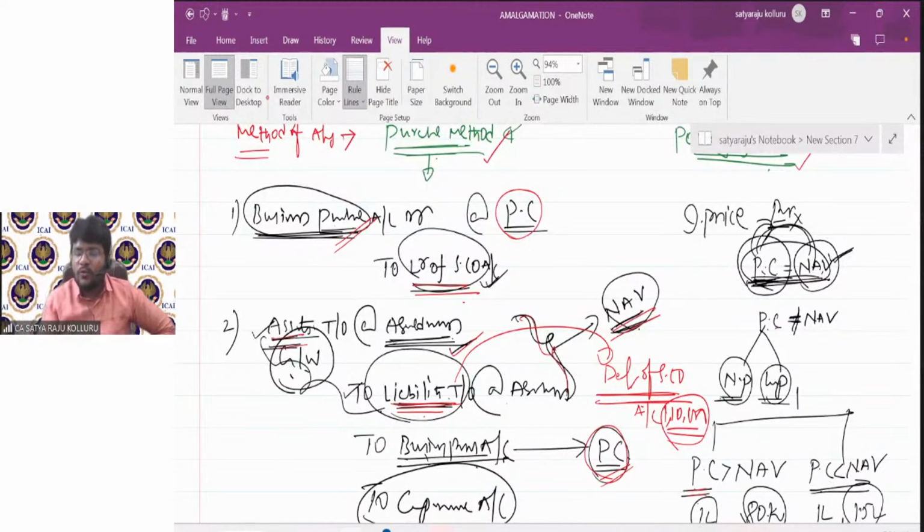Then for these debentures, you need to check what you are paying. If you are paying cash, then debentures of selling company to cash, you need to pass an additional entry. If you are issuing your own company debentures at 10%, then debentures of selling company to 10% debentures. Like that, you need to pass.